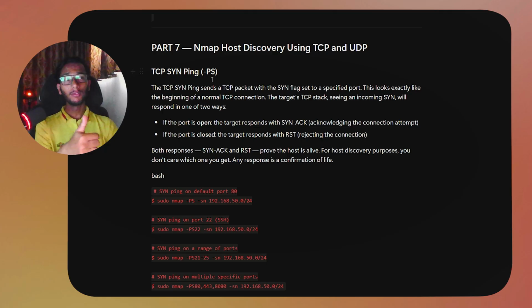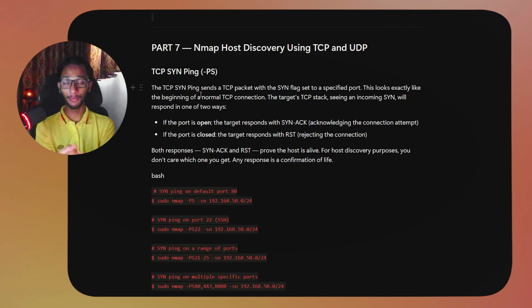So we have the -PS option over here. When you use the -PS option, first of all the default port for this is port 80. There's a specific reason behind this, but this is the flag, and what it does is send a SYN packet to the target machine, to port 80.